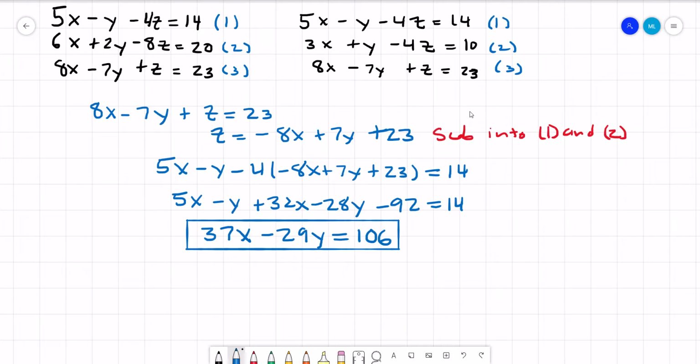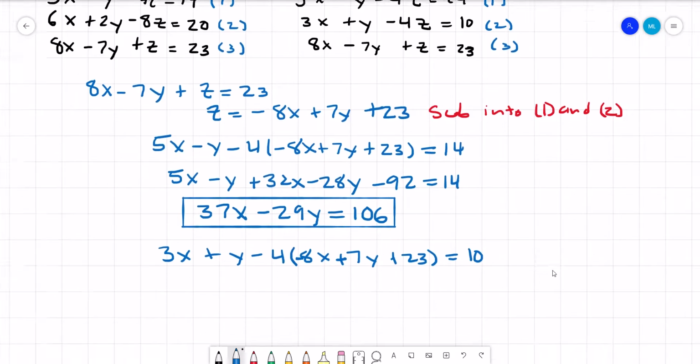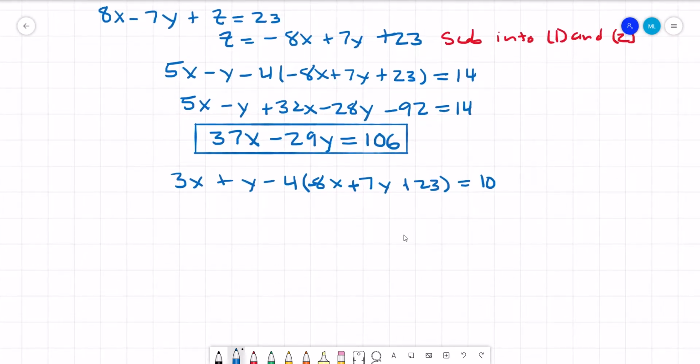So let's now try the second equation. We now have 3x plus y minus 4 times negative 8x plus 7y plus 23, which is equal to 10. All you need to do from here is distribute.